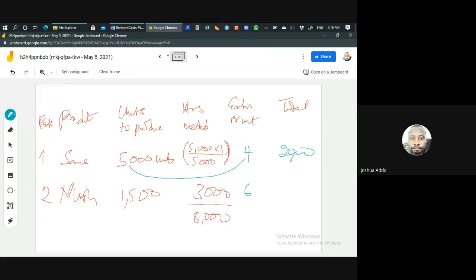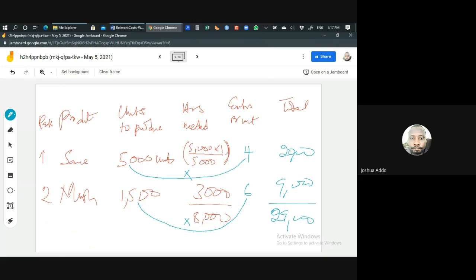So this times this. 6 times 1,500 will give us 9,000, giving us a total contribution of 29,000. So according to this decision framework, it is only by producing in this pattern, 5,000 units of sauce and 1,500 units of Marge, that will give us the maximum contribution. Any other production mix will generate less than 29,000.